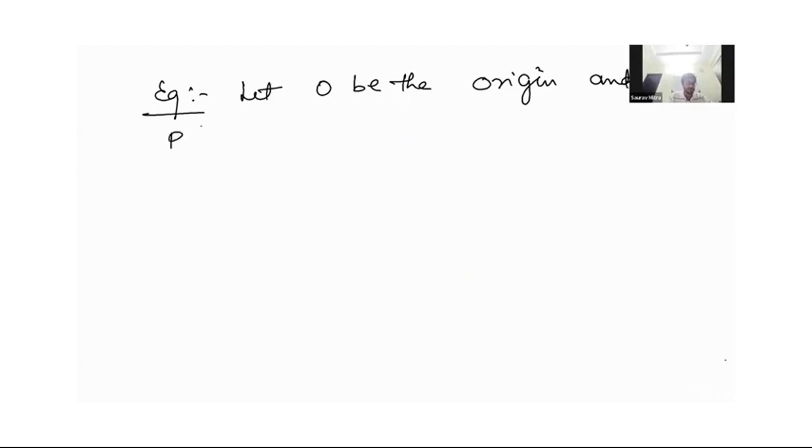Next question. Let's discuss the next question. Let O be the origin and let P, minus 4, 3, be a point in the xy plane.